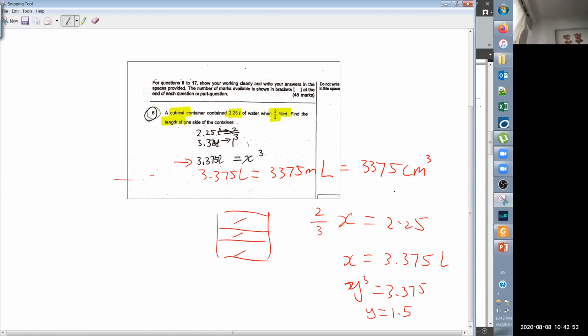Then you can see x cube is equal to 3375.